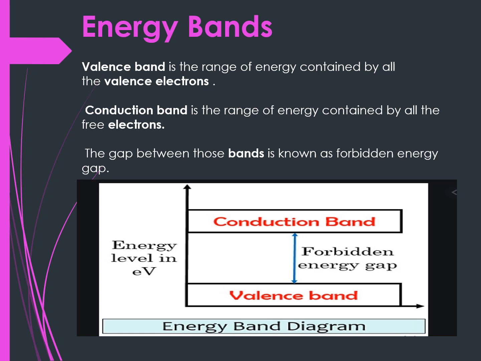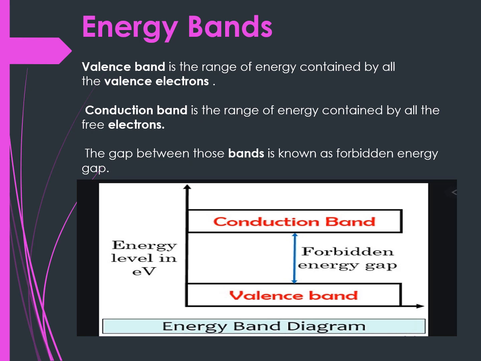Obviously, the energy level of the valence band will be lower compared to the conduction band. Conduction band contains free electrons, which means it has more energy compared to the valence or the bound electrons.